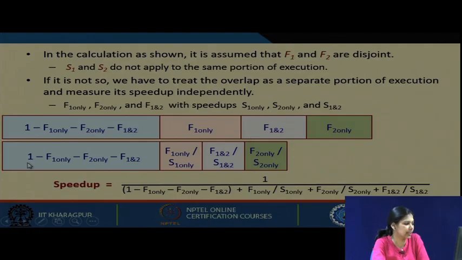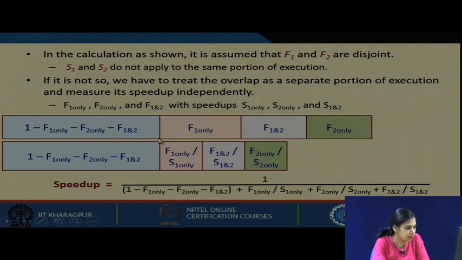So, in this case what will happen? This is the portion where no change will happen, and these are the three portions where you are making some changes, where this part is F1 only, this part is F2 only, and this part is both F1 and F2. So, what we are doing is F1 only by S1 only, F1 and F2 with S1 and 2, and F2 only with S2 only.